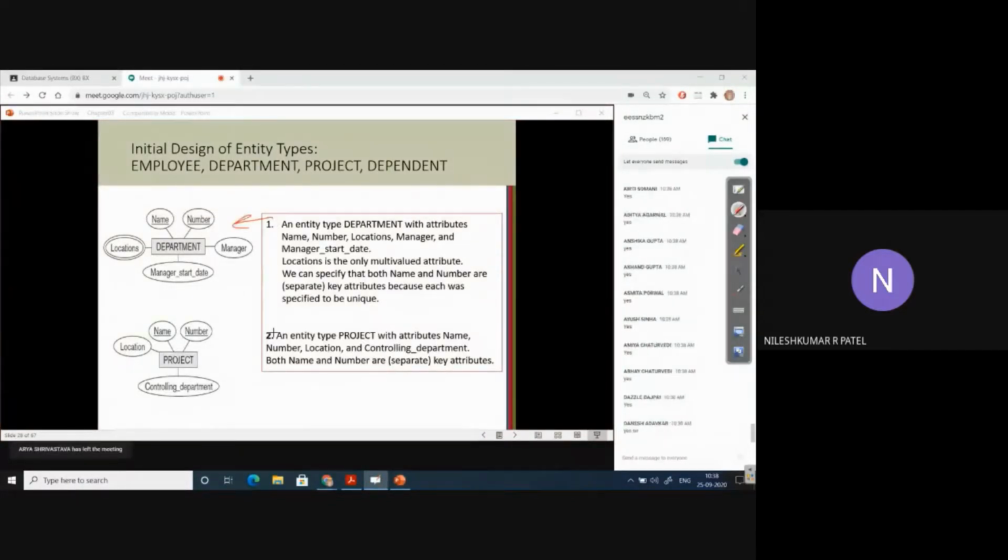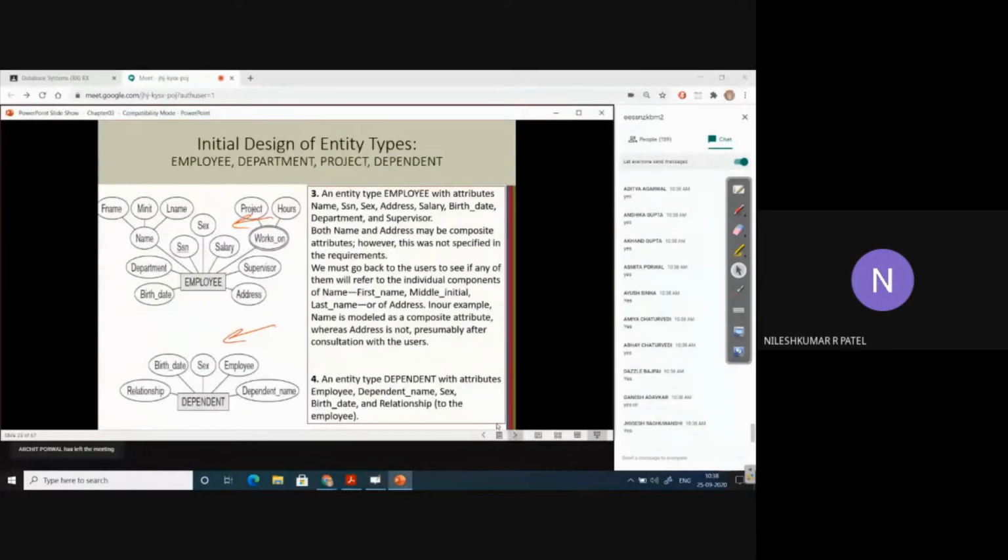We discussed this, and this particular entity type and this also. So now you know how to create an entity type in an ER diagram, how to illustrate it, how to depict it, and what the different rules and symbolic representations available to illustrate an entity type in an ER diagram are. That we discussed in the last class, okay?